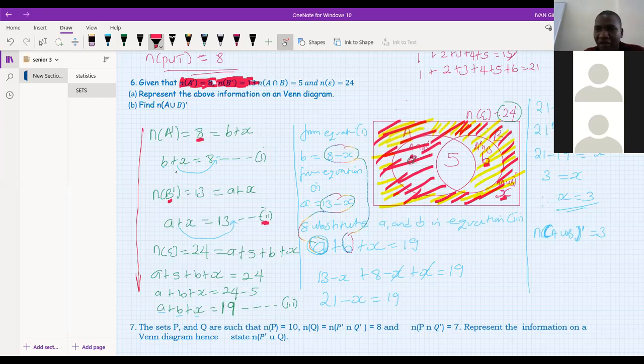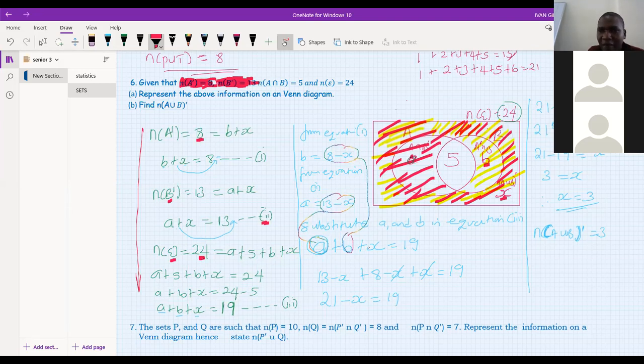So that's why we go ahead and look for which other equation we can create from the information given. We notice that we can use the universal set to come up with another equation. And what does the universal set say? They give me the elements of the universal set as 24. Universal gives us a total of everything being considered.